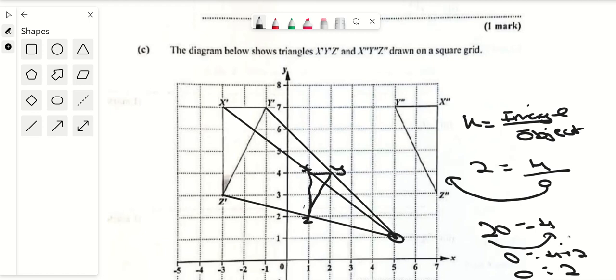So what we do is check what the scale factor is. You know that X and Z, these coordinates, your center of enlargement, your X in your object, and your X in your image must all be going through the same point. Same thing for Y, same thing for Z. So that is how we get the area in which you would see where X, Y, and Z is.